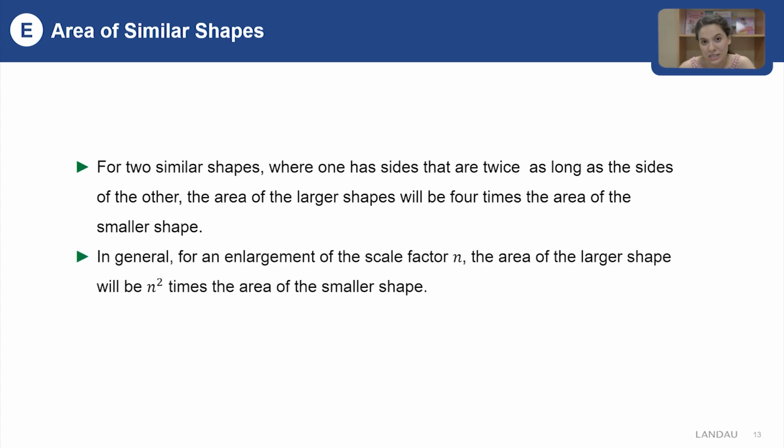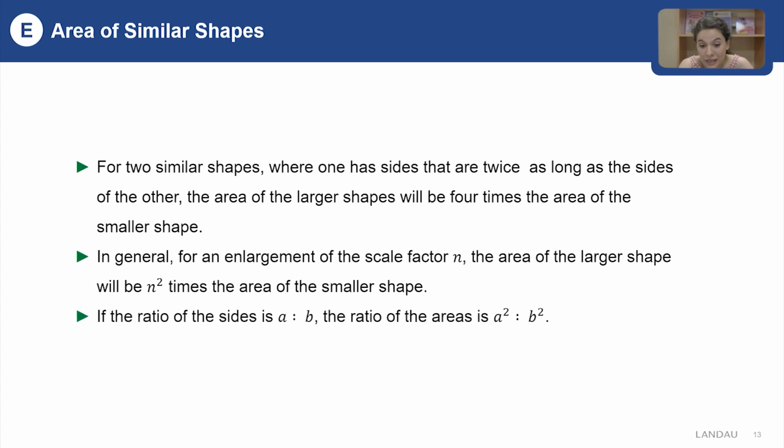In general, we say for an enlargement of scale factor n, the area of the larger shape will be n squared times the area of the smaller shape. So don't forget, we are saying n squared times. If the ratio of the sides is A to B, then the ratio of the areas will be A squared to B squared.